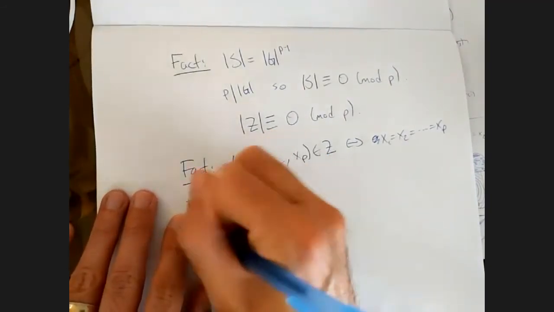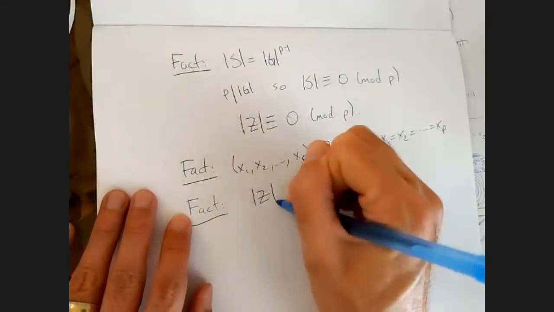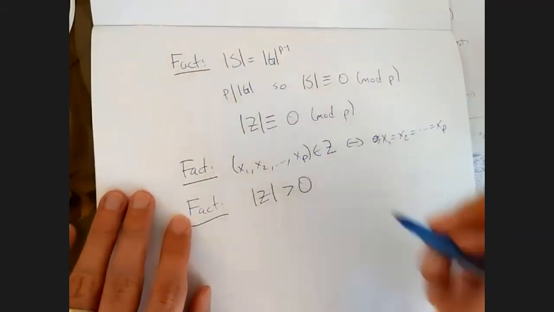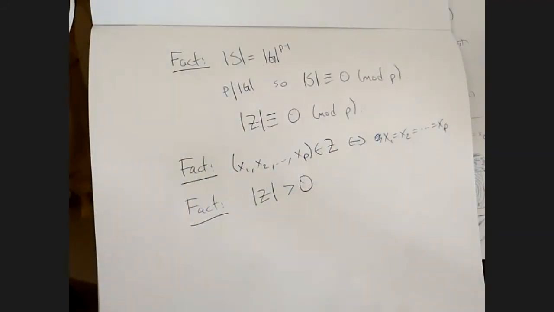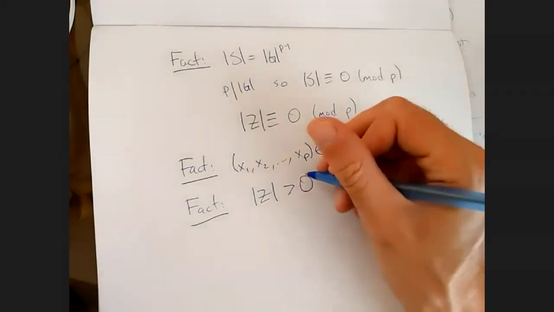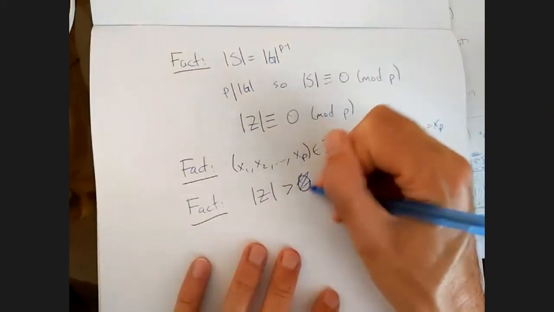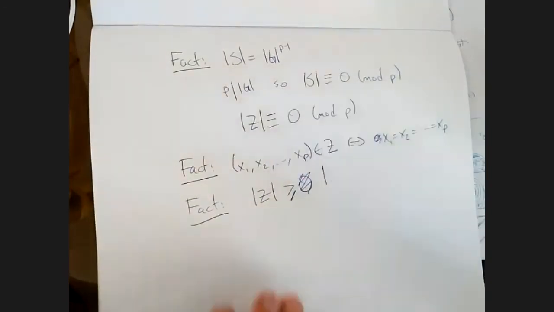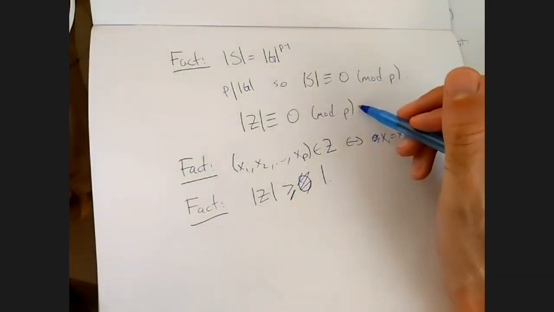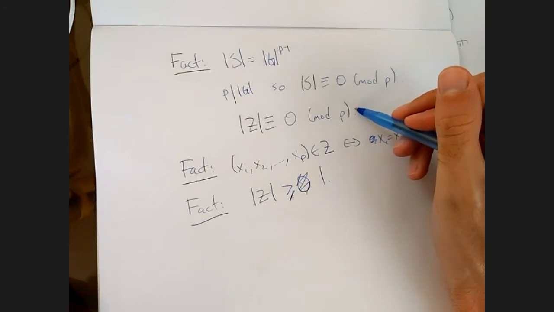And another fact, the number of elements fixed by this group action is, let's say, greater than or equal to 1. This says the number of elements fixed by this group action is divisible by p.